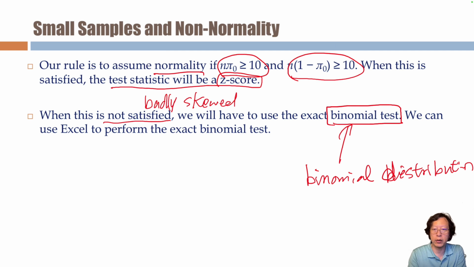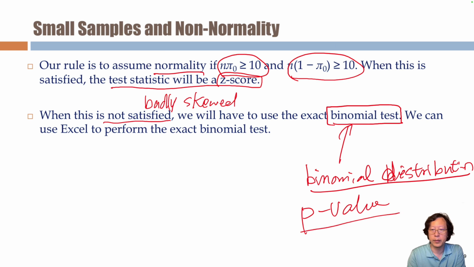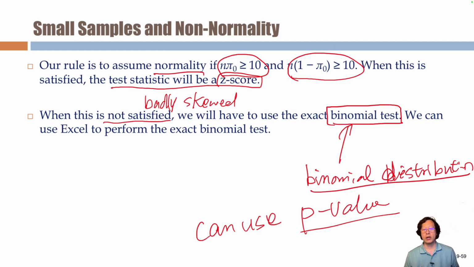You calculate it the same way; the p-value method is still valid. What is the probability that we can get a more rare case? If that probability is smaller than your alpha, then you reject. However, to calculate the probability, you have to use a binomial distribution.